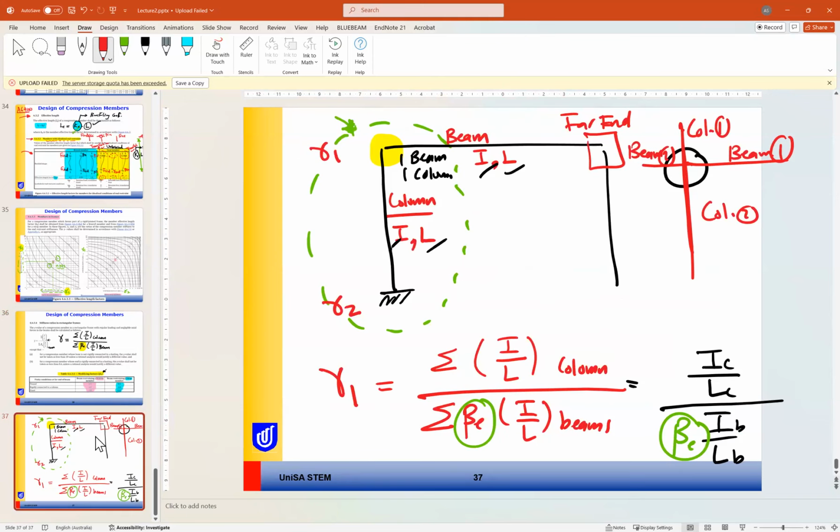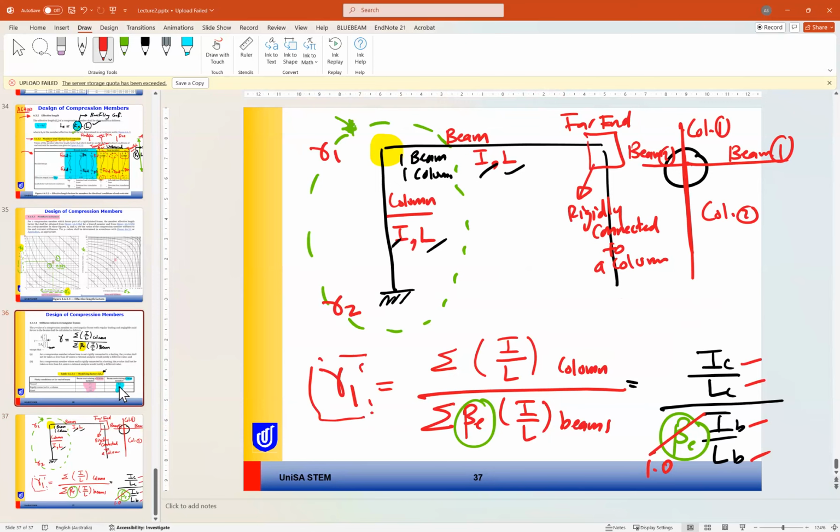So in this case, this far end is rigidly connected to a column. This means that beta E in this case equals 1. So if you know IC, LC, IB, LB, and beta E equal to 1, you can find gamma 1.